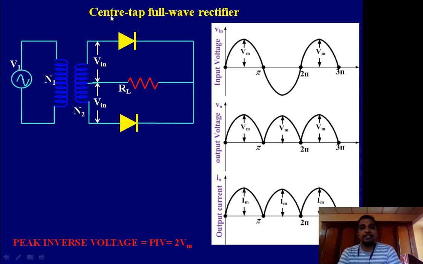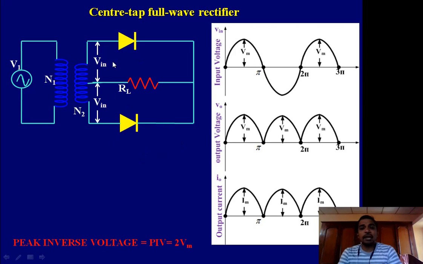So center tapping means I am taking the center point, 50% tapping. So this part is V in voltage, and the remaining 50% is also V in voltage. So this is the voltage available at the secondary of this center tapped transformer, right?